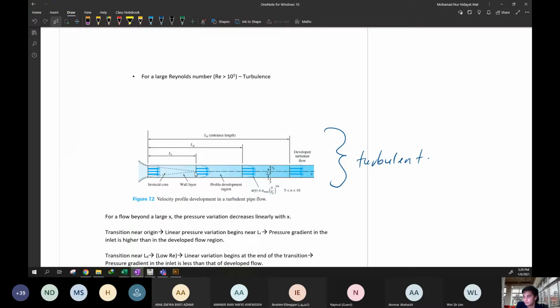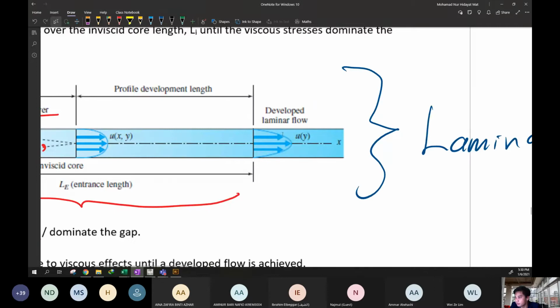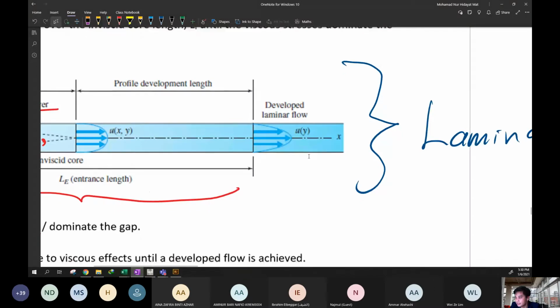It is a disorderly flow. Inside here we have additional entrances. We have many lengths, for example, Li, the inviscid core length, LD, the development length, and the entrance length Le, as well as the developed turbulent flow. You notice that the developed turbulent flow compared with the laminar flow is like this. The developed laminar flow profile is like this.